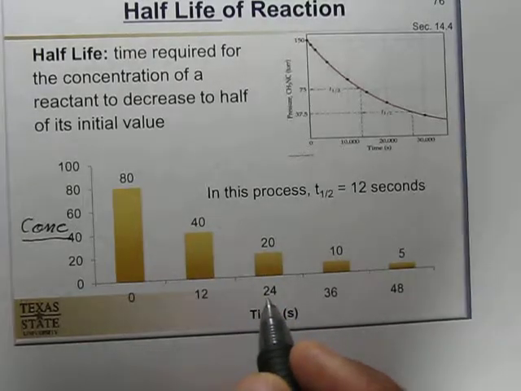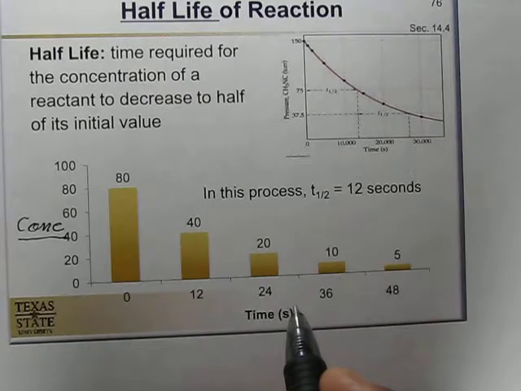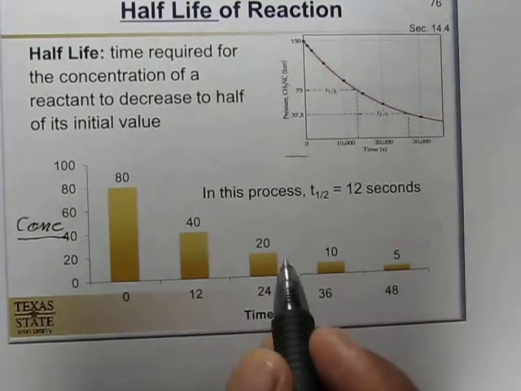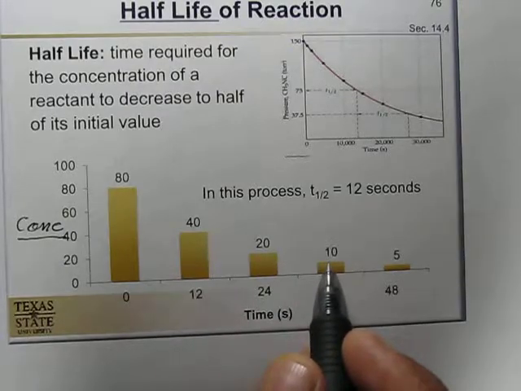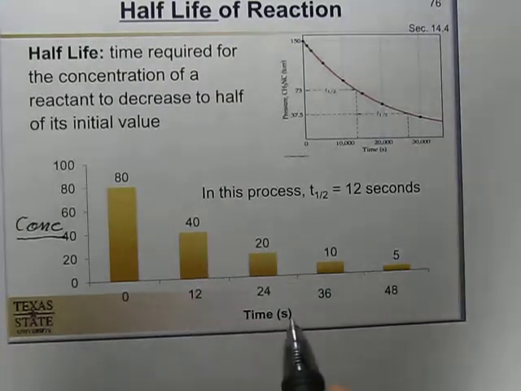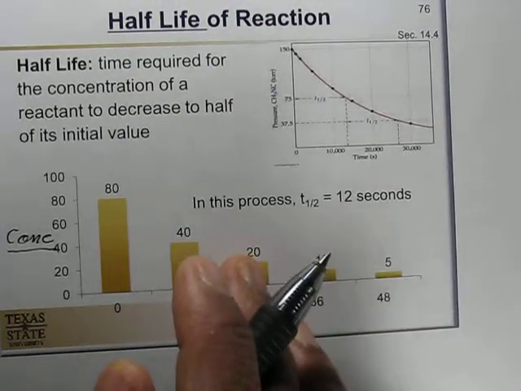Further, after 12 seconds its concentration decreases to 20. Further, after 12 seconds it decreases to 10. So you can see every 12 seconds the reactant concentration is becoming half.